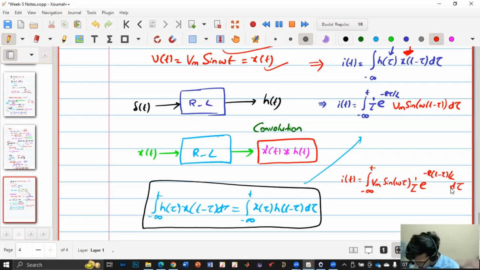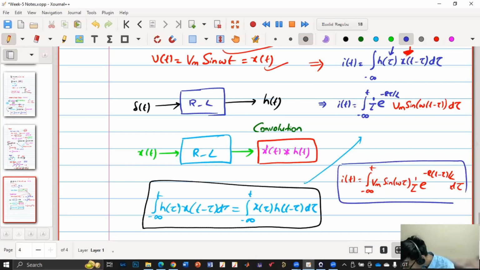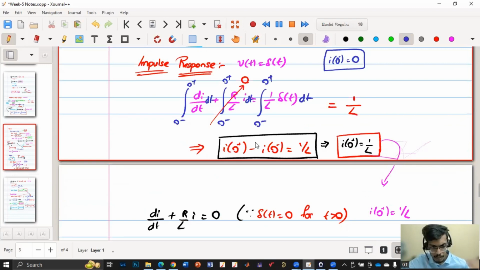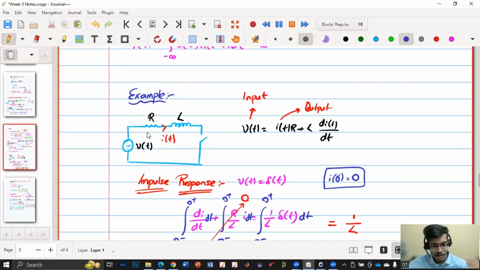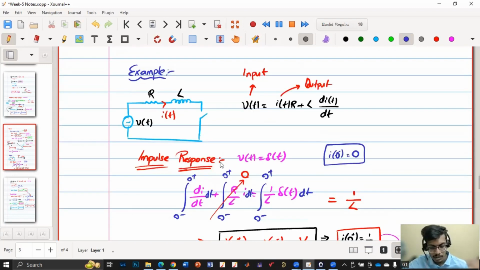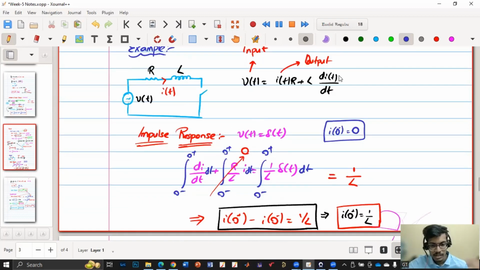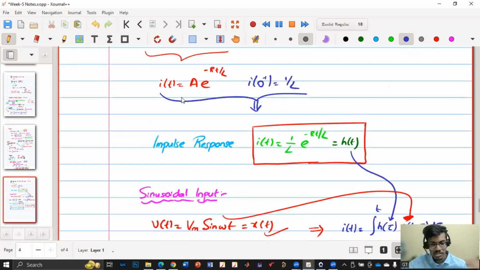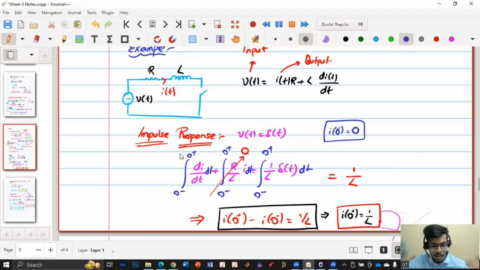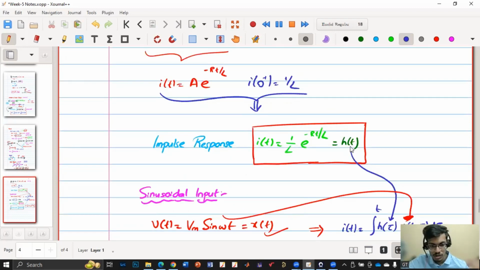Okay. I hope you have understood till here, or for people who have joined, I'll tell what we were discussing. In the previous meeting, we considered an RL circuit and found the impulse response by exciting it with delta of t, and I found the I of t, which is the output in this system. And this I of t is my h of t, which is the impulse response.